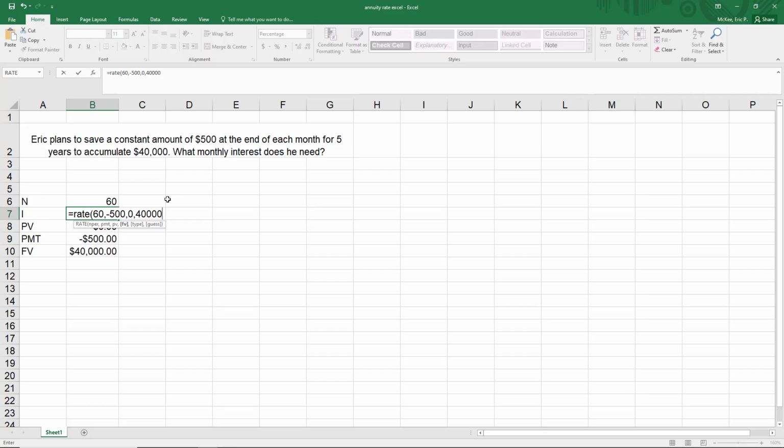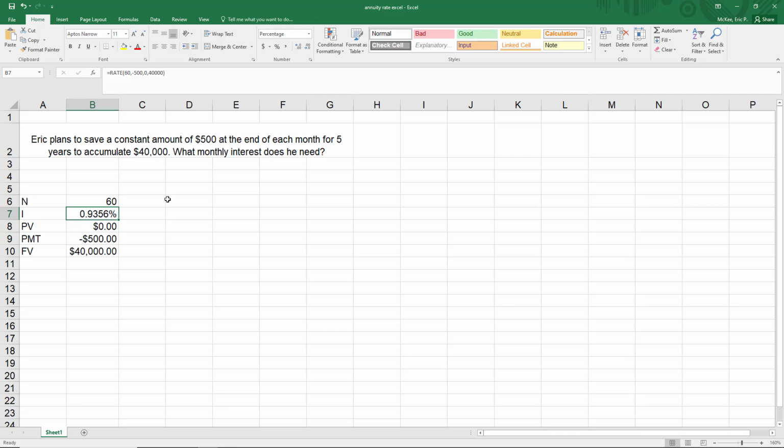They will be fine as their default values. So close parentheses, enter, and I get an interest rate. My interest rate on this annuity, the monthly rate, is 0.94%.